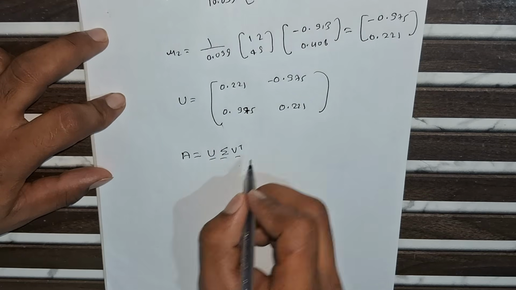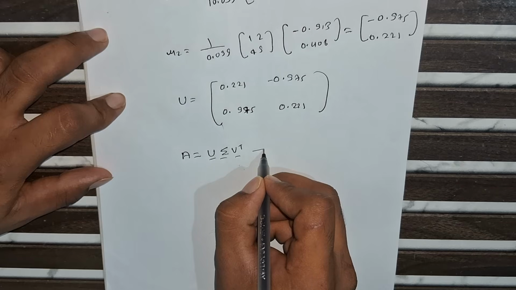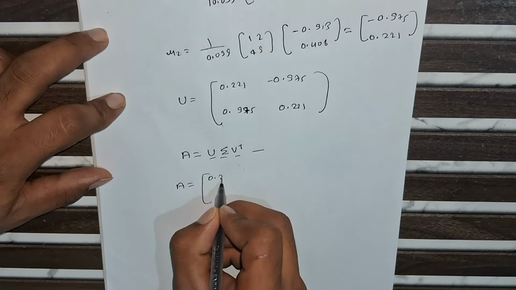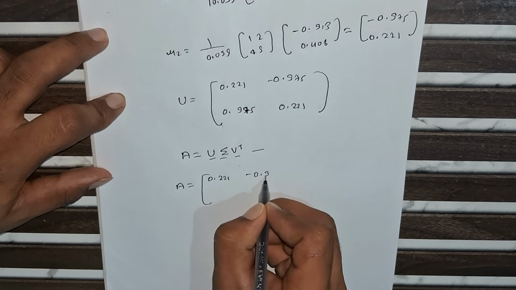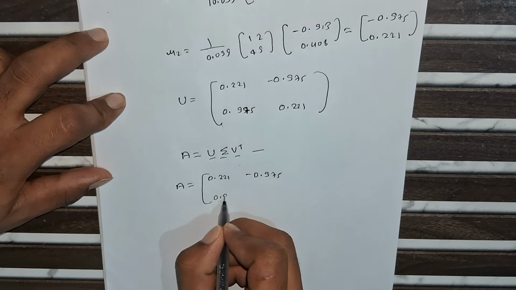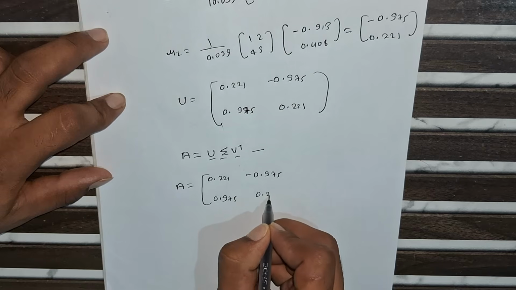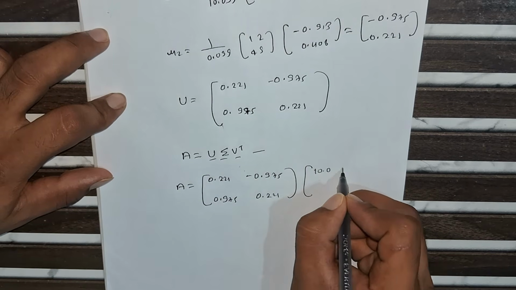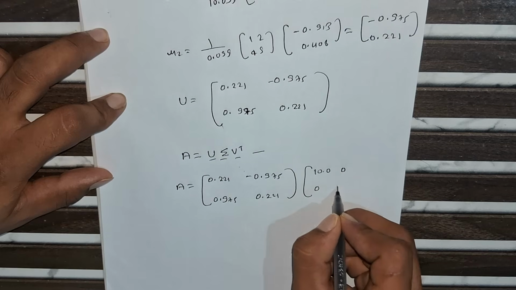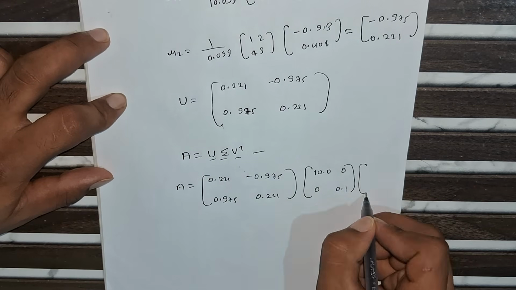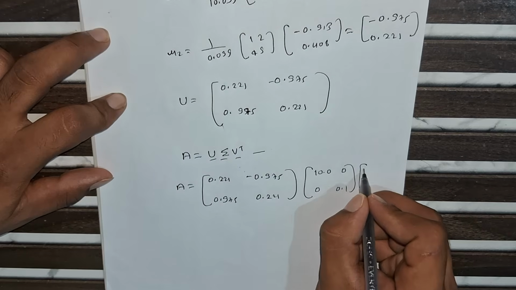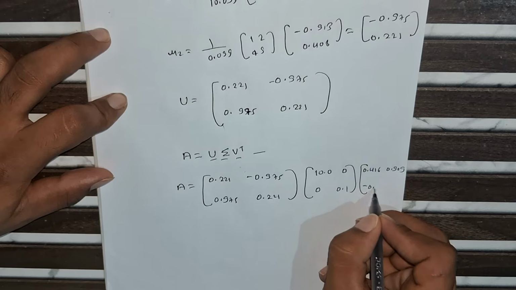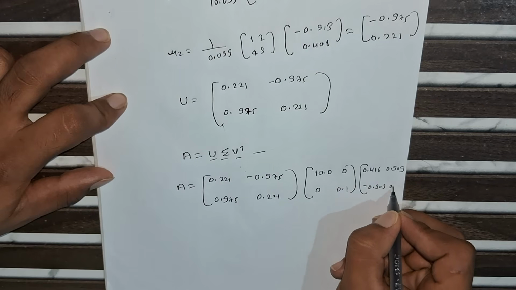Now we will put them in this equation to get A. So A equals to U value is 0.221, minus 0.975, 0.975 and 0.221, and summation value is 10.0, 0, 0, 0.1, and V transpose value is 0.416, 0.909, minus 0.909, and this is 0.416.